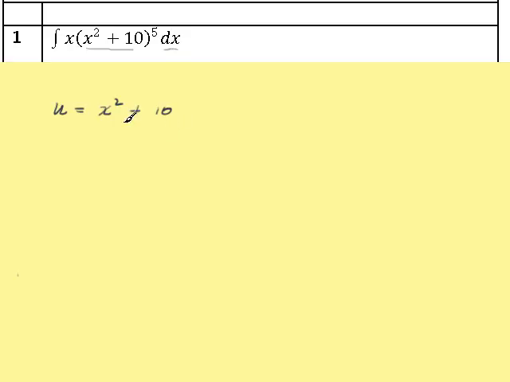To figure out what dx is, we differentiate both sides. Differentiate u symbolically, write du. On the right-hand side, the derivative of x squared is 2x, and we'll write that as 2x dx. Now in our integral, we have an x dx, not a 2x dx. So let's divide both sides by 2.